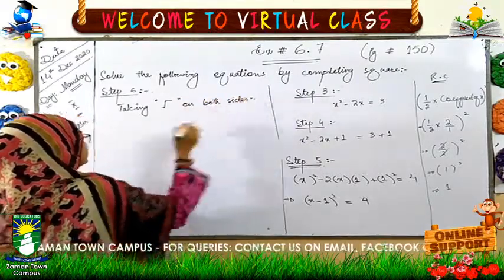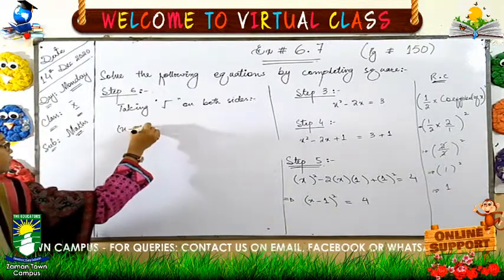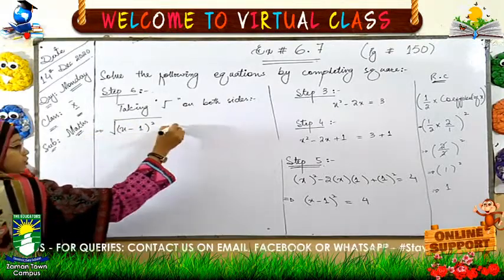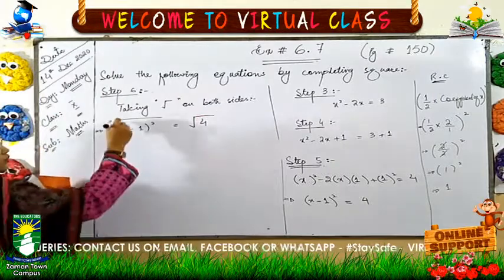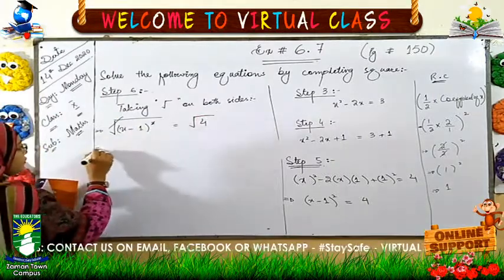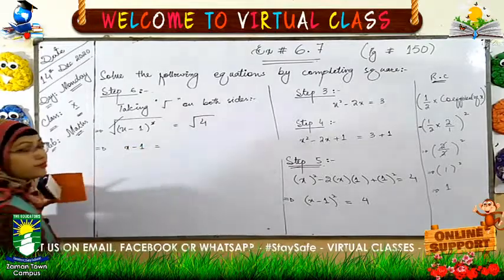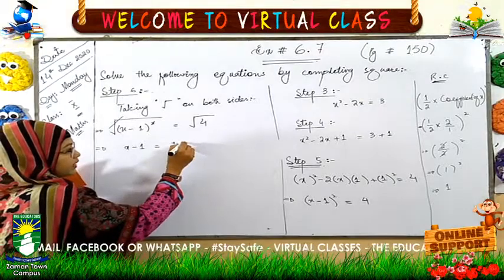So it is x minus 1 whole square, taking root, is equals to 4, taking root. Square and root will be cancelled. We are having x minus 1 is equals to, and root of 4 is 2. Here we will write down plus minus 2.